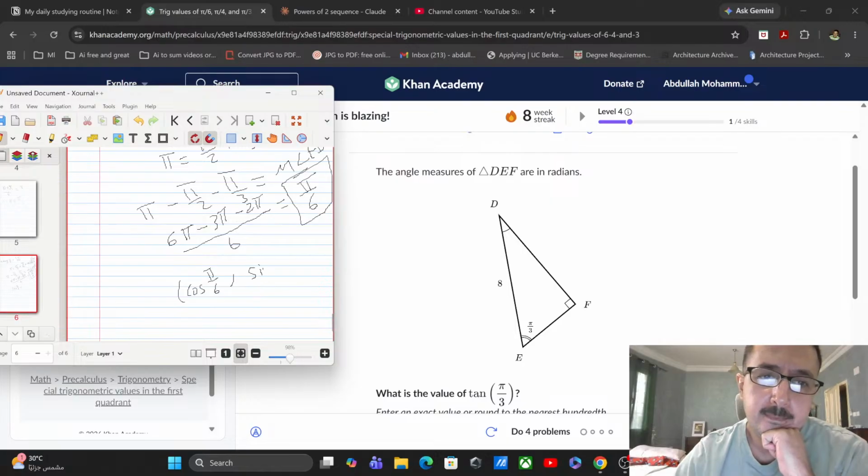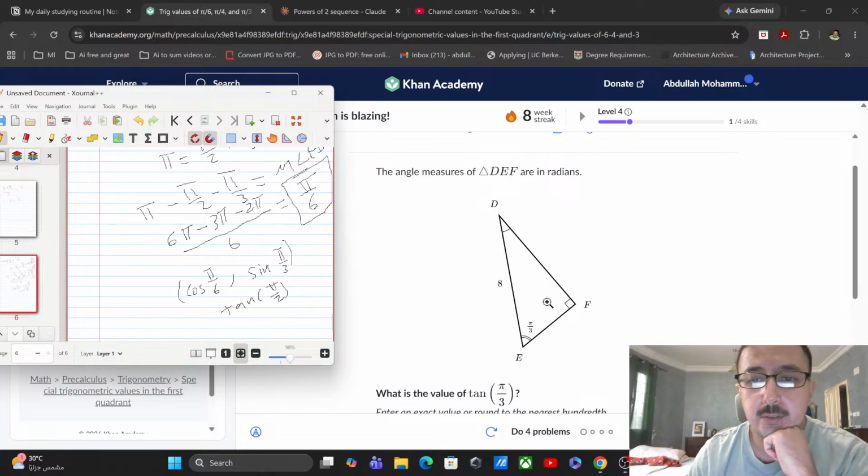Is sine pi over 3, and the tangent, actually, the tangent is pi over 2.